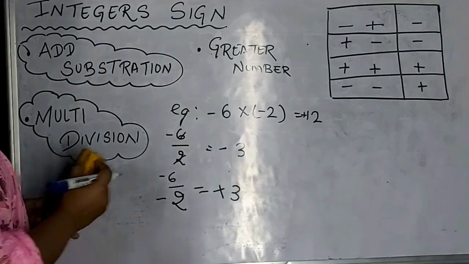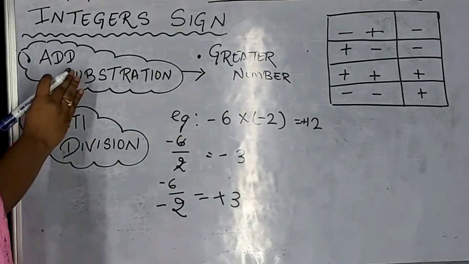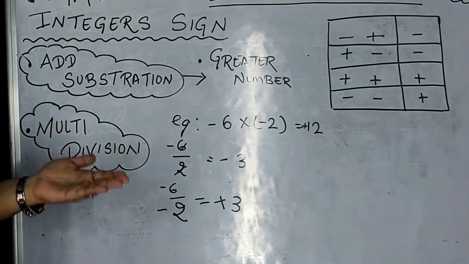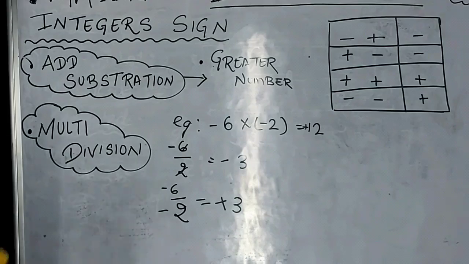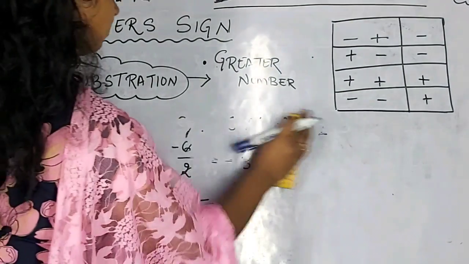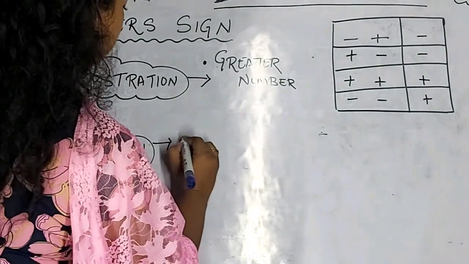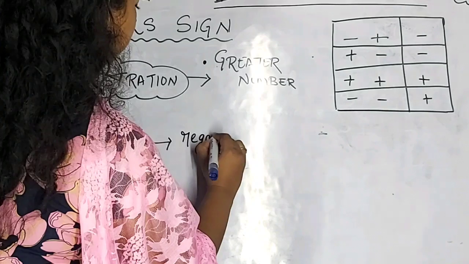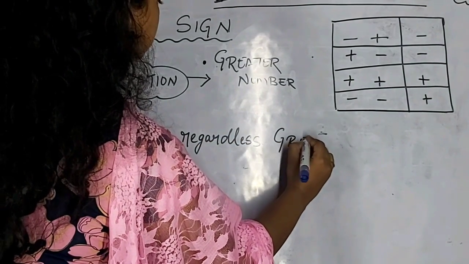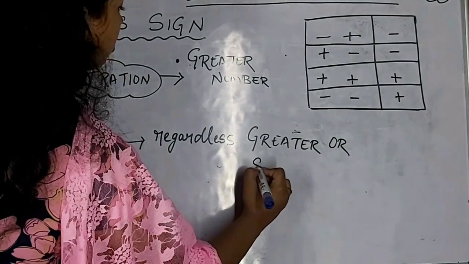Okay, so in division, the main point is that in addition and subtraction, the greater number's sign will be given in the answer, and in multiplication and division it is regardless of greater or smaller.